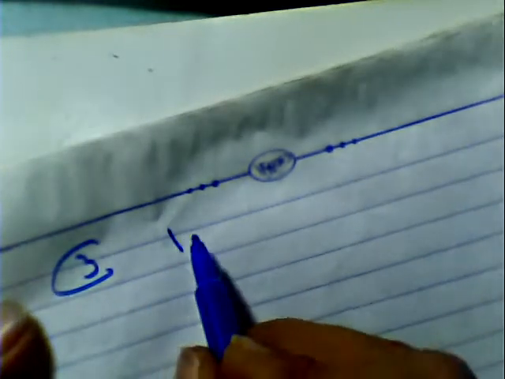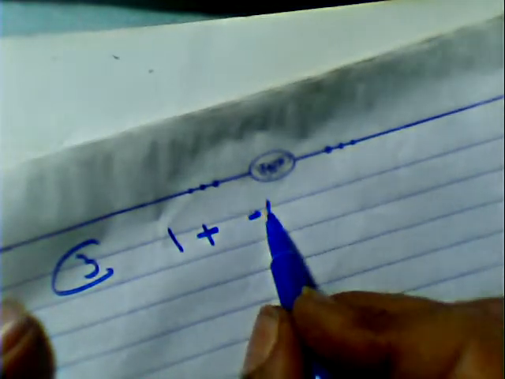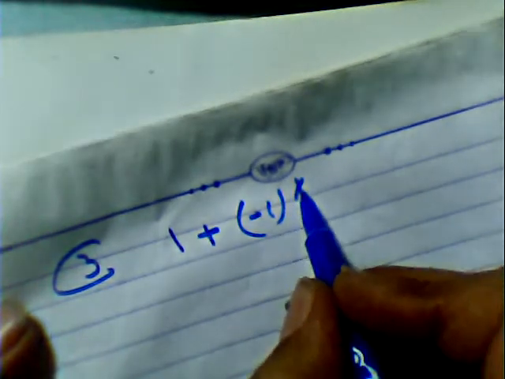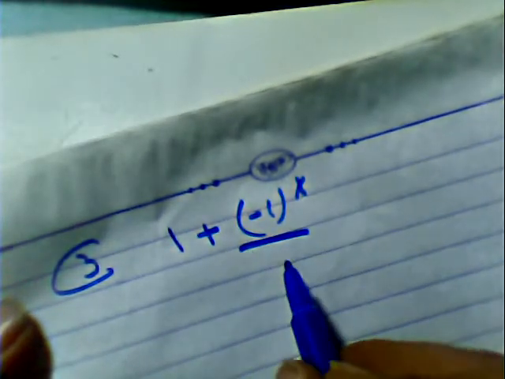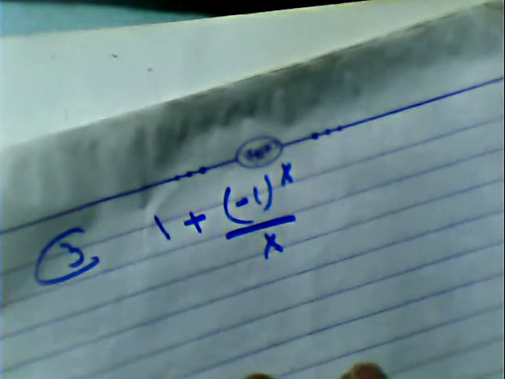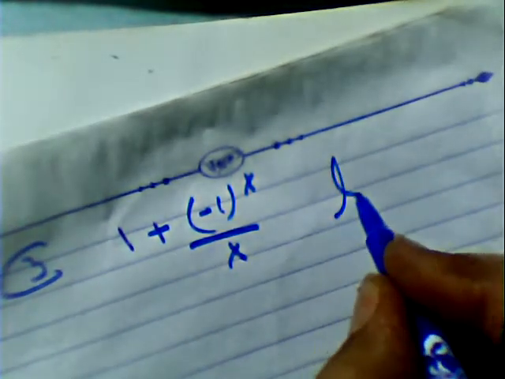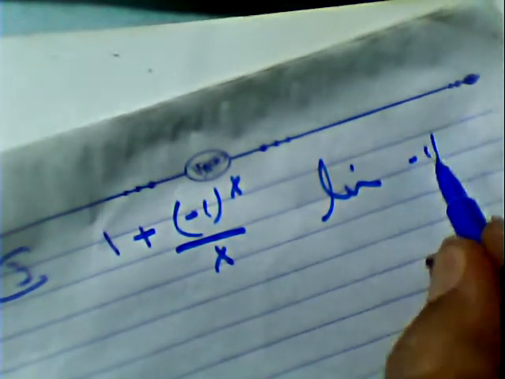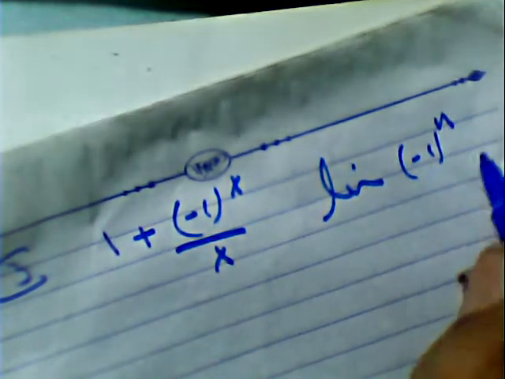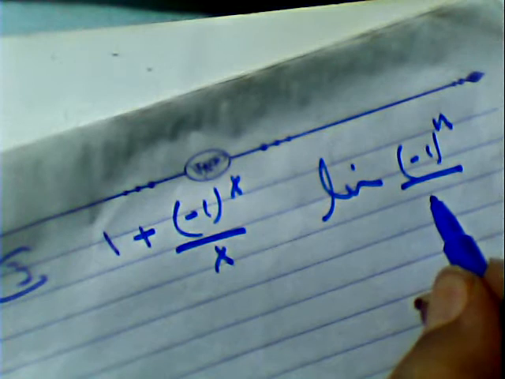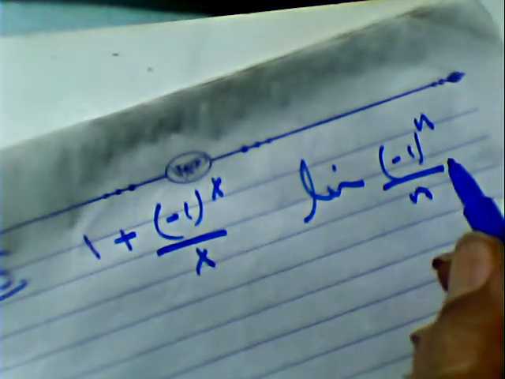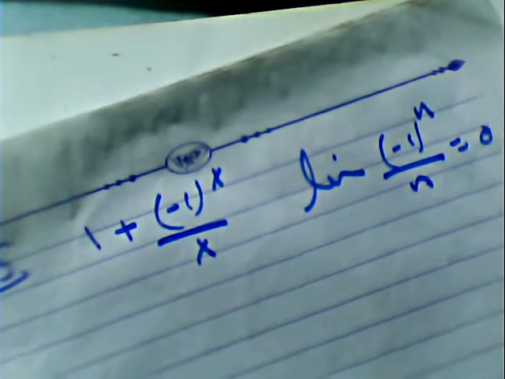We have another example, number 3. How can we get the limit of 1 plus minus 1 to the power x over x? We already know the limit of minus 1 to the power n over n equals 0.